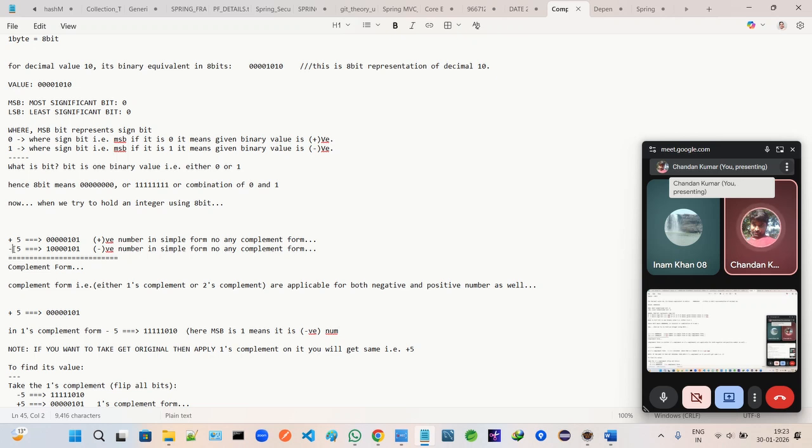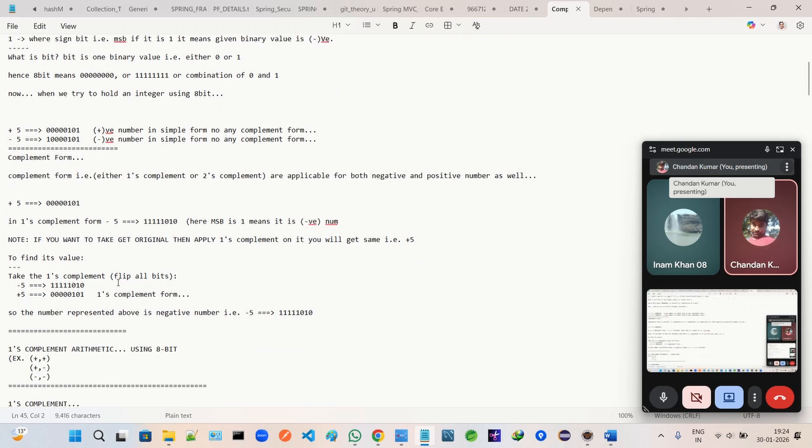Yes, you can, leave aside whether that is complement form or not. If you are given 10, any positive number, can you negate it? Yes. Just write the equivalent positive binary and make the MSB bit value 1. That's it. That is going to represent your negative value. Getting my point?